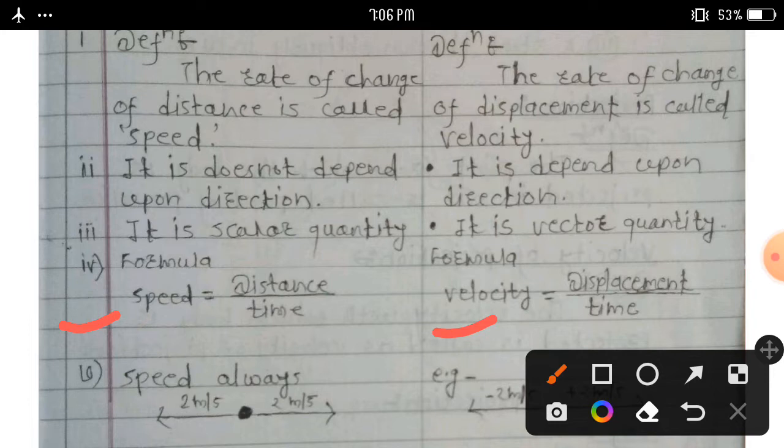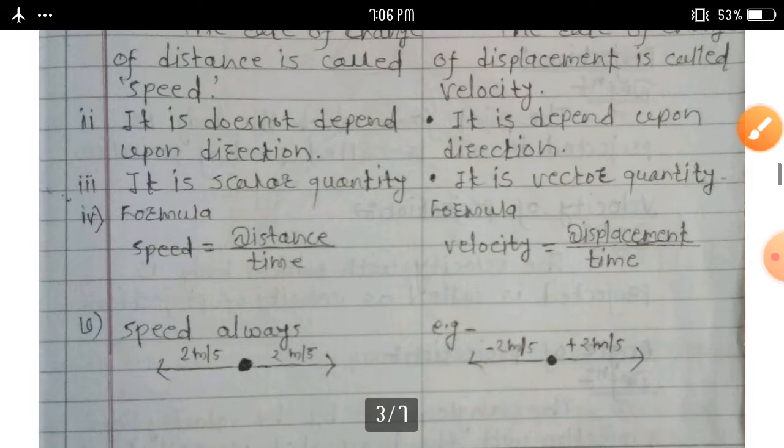Here we cannot consider the direction of the object. When an object travels in the positive direction, we consider its displacement positive, positive 2 meter per second, and when the object travels in the negative direction, then the displacement of this object is minus 2 meter per second.